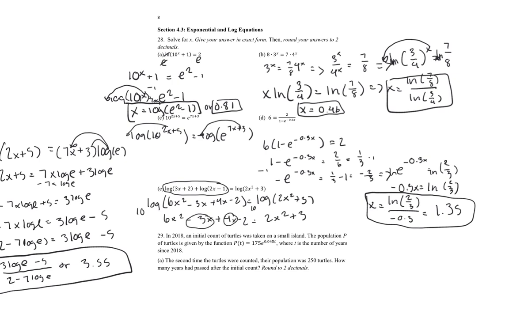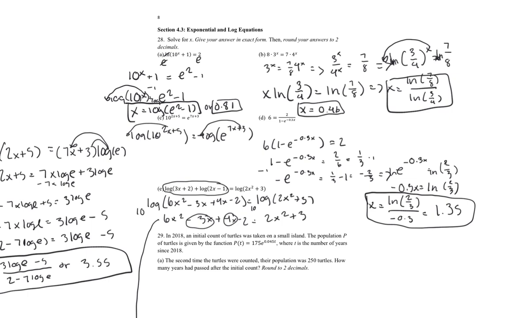Let's just take it step by step and bring it down here. So then we'll have 6x squared plus x minus 2 is equal to 2x squared plus 3.